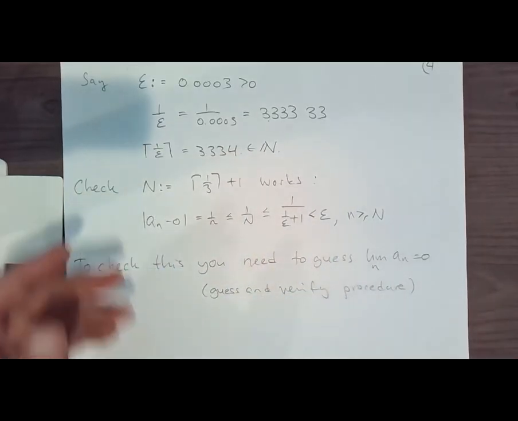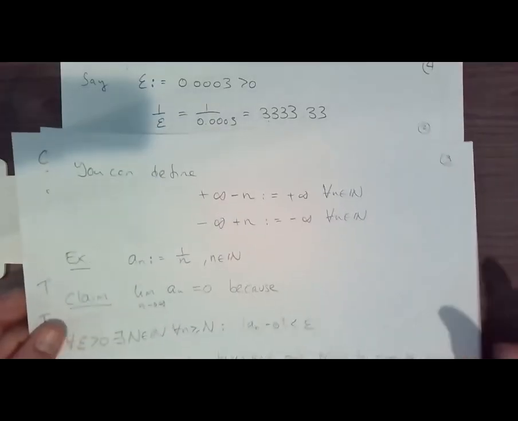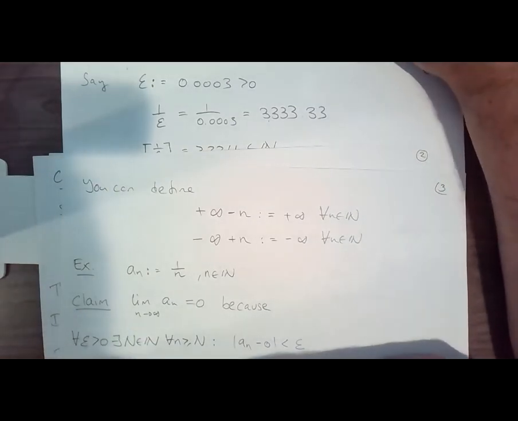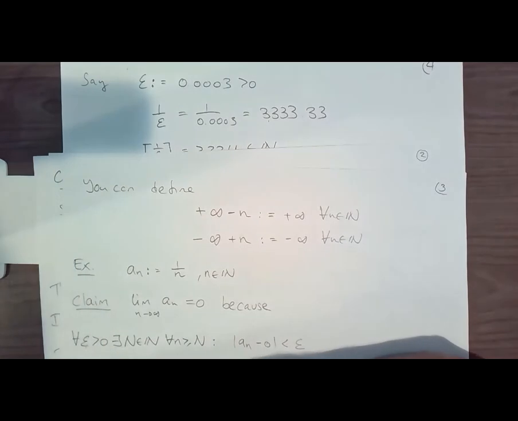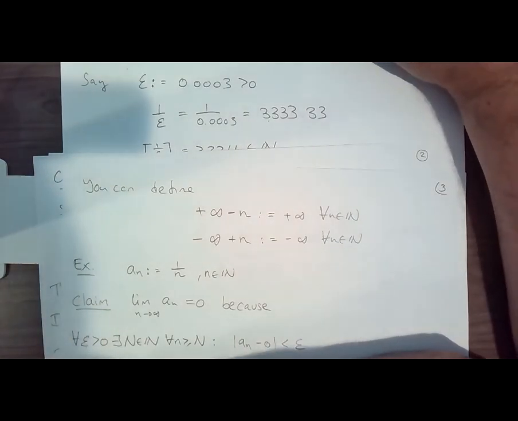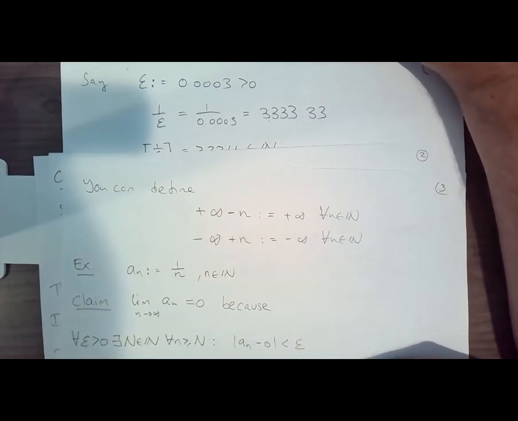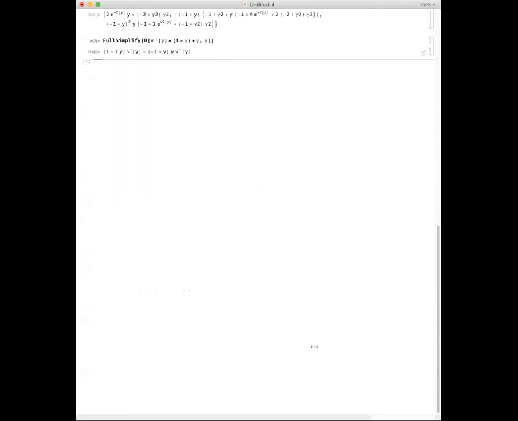So how would one go about doing this in a homework problem? Well, the way that I would go about doing this in a homework problem is use our fancy computer. And let me show you how one could go about doing this. I'm hoping everybody can see my Mathematica code here. It's not really relevant what's up there, it's just scratch.